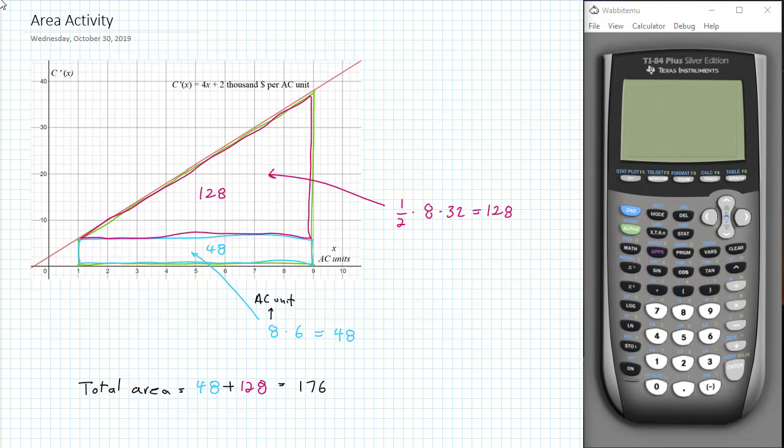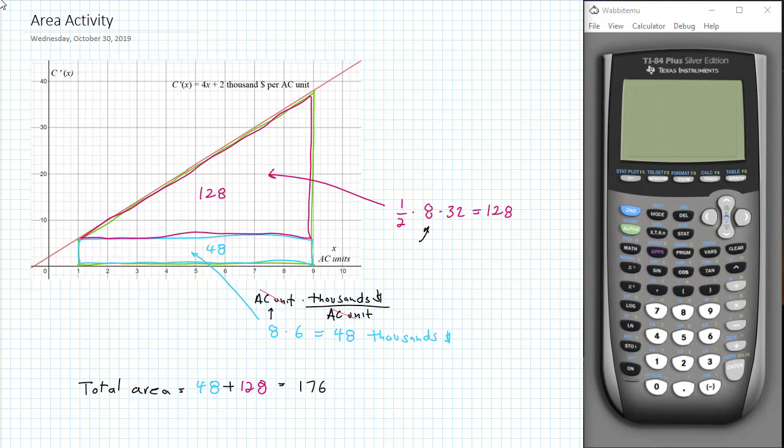The 6 is a height, and remember that was thousands of dollars per AC unit. So when I multiply these together, the AC units drop out. This number 48 must be in thousands of dollars. So $48,000.